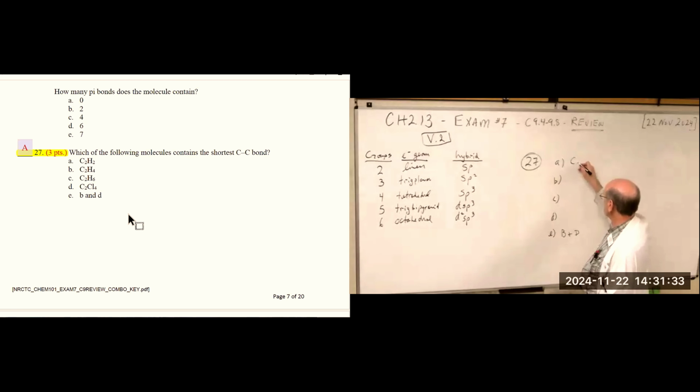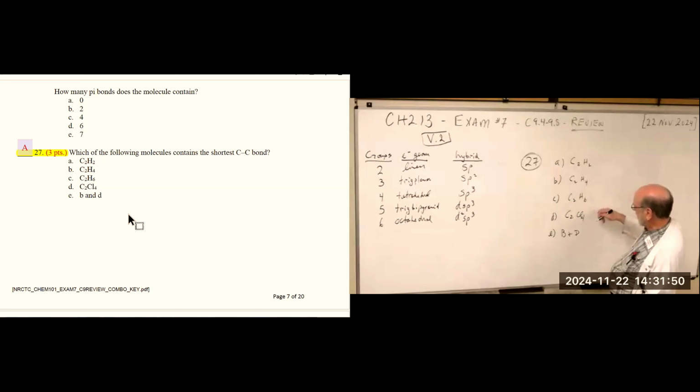A is C2H2, B is C2H4, C is C2H6, and D is C2Cl4. So B and D are alike, but there's a significant difference there. The question is, which one has the shortest carbon-carbon bond?